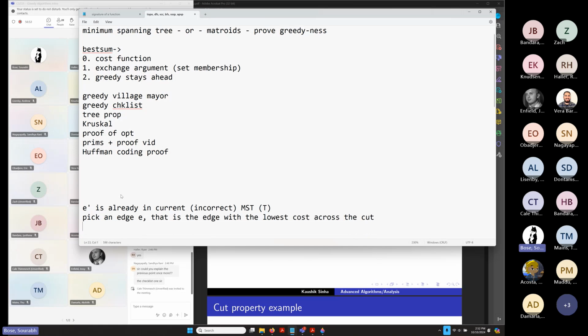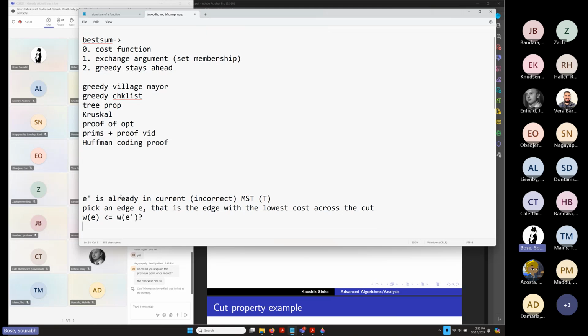What cut? The E prime cut, right? So if E has the lowest cost, by definition the weight of E has to be less than or equal to the cost of E prime. Do you agree? Because the weight of E, we assumed, is the lowest cost thing. So since it is the lowest cost thing, it will be lower than E prime as well, right?